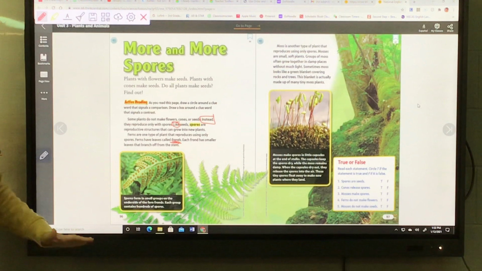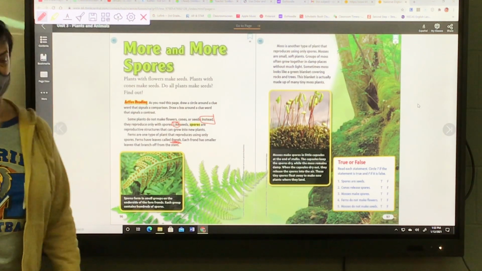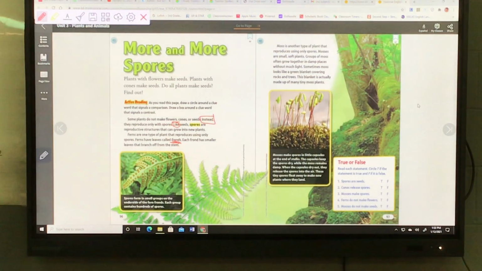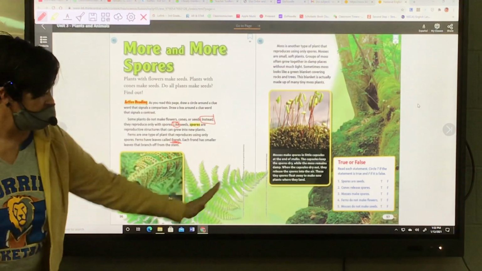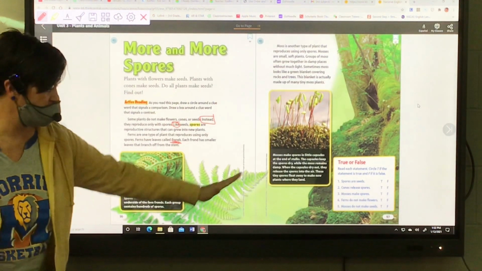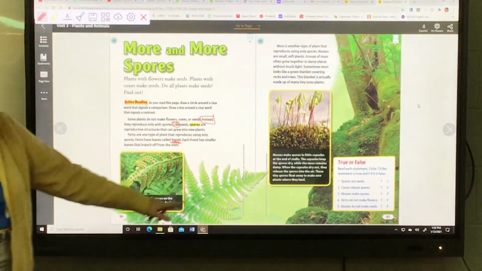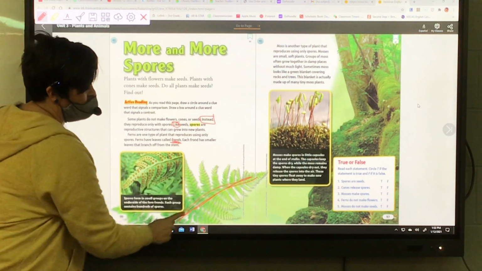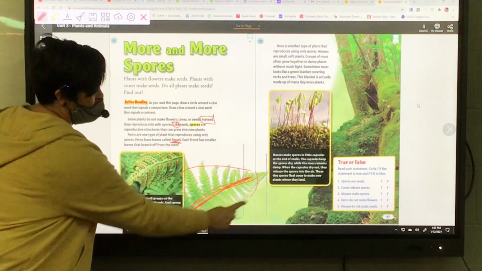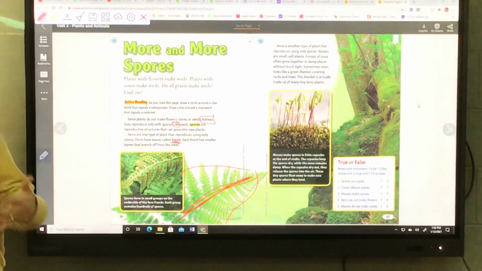I bet if we look closer at this picture, we'll have a better idea of what fronds are. So it said ferns have leaves called fronds. Look at this fern plant leaf right here. Do you see what I'm talking about? I'm going to draw on mine. You don't have to draw on yours. So right here, this whole thing is part of the fern plant.